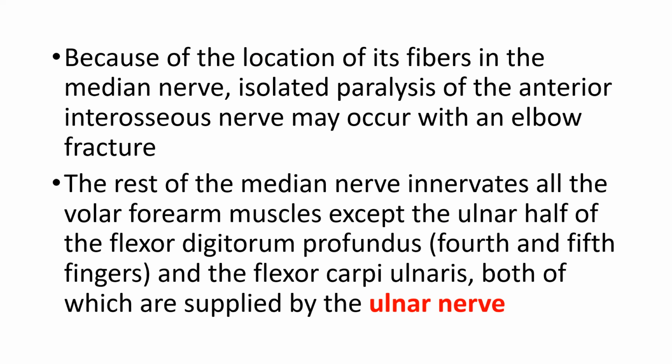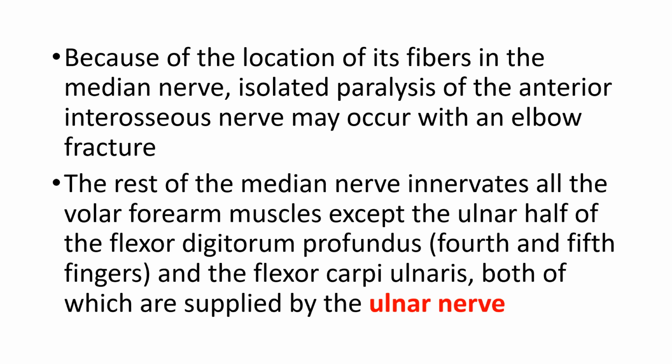The rest of the median nerve innervates all the volar forearm muscles, except the ulnar half. The ulnar half of the flexor digitorum profundus, which is the fourth and fifth fingers, and the flexor carpi ulnaris, both of these are supplied by the ulnar nerve.